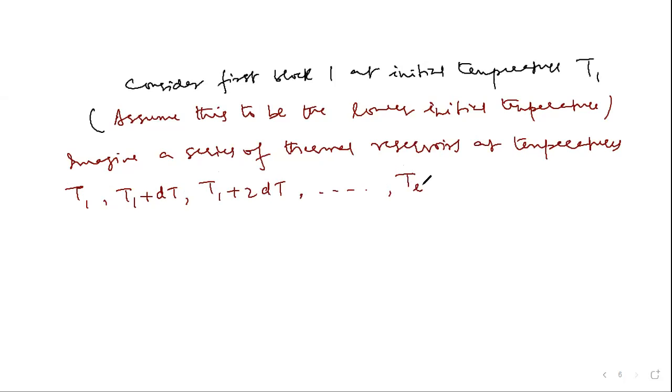It will be in this series, Te, the equilibrium final temperature, minus dT, and finally Te. So we're imagining a series of thermal reservoirs at these temperatures, right?